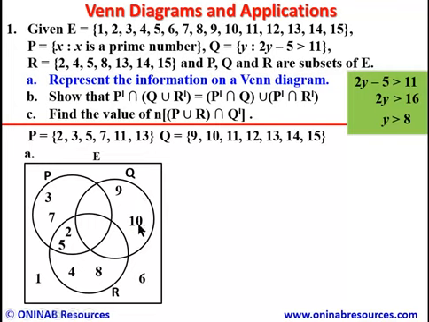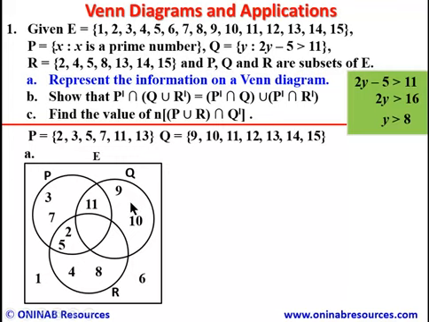So we have 10 here. 11 is not in R, it is in both P and Q. So it is P and Q only. The region for P and Q only is this. So we have it there. We go for 12. 12 is not in R, 12 is not in P, it is in Q only.